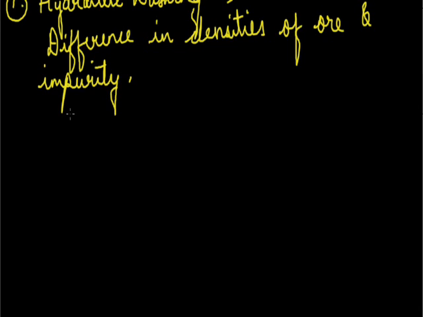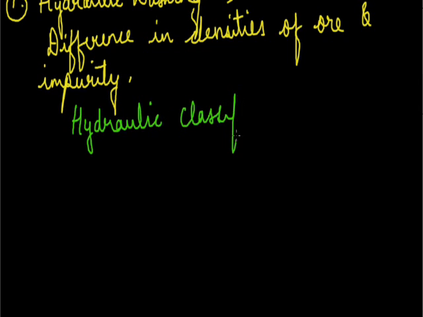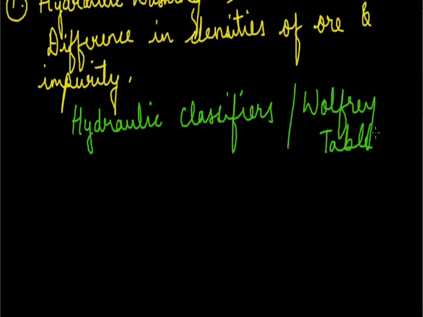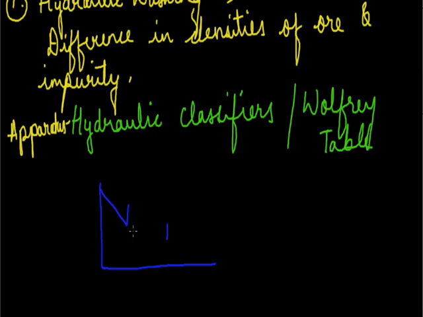These two are used. So you can say the apparatus used is hydraulic classifiers or Wolfram table. Now water flows from here.